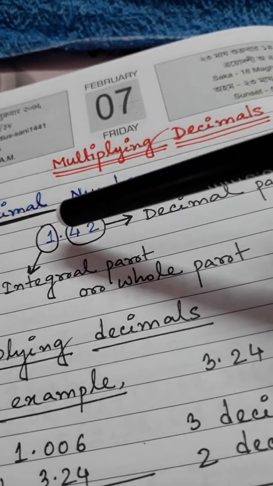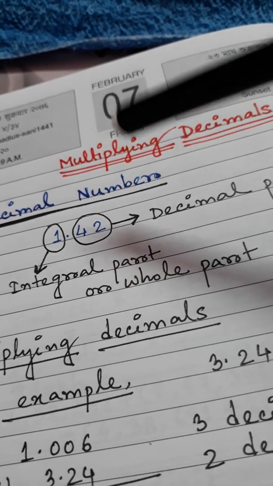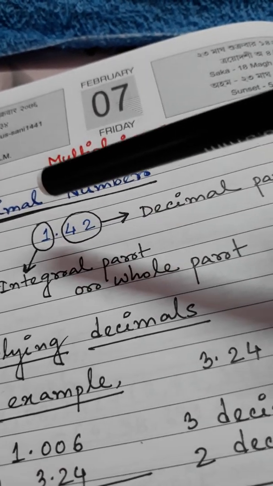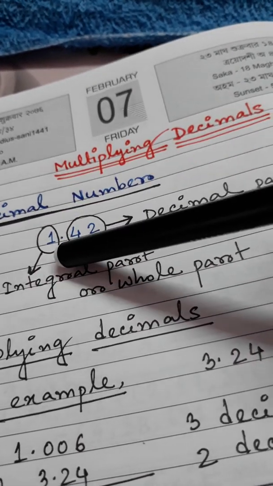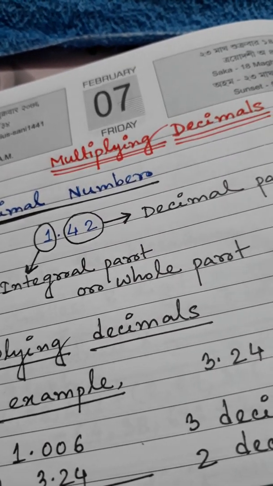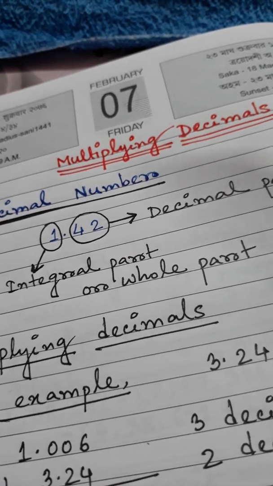After the decimal point we say the digits separately, so we don't say one point forty-two, we always say one point four two.